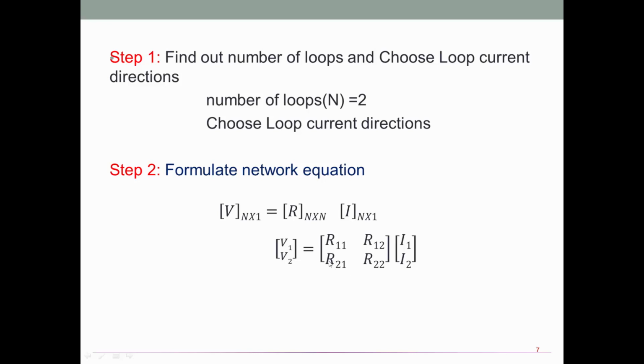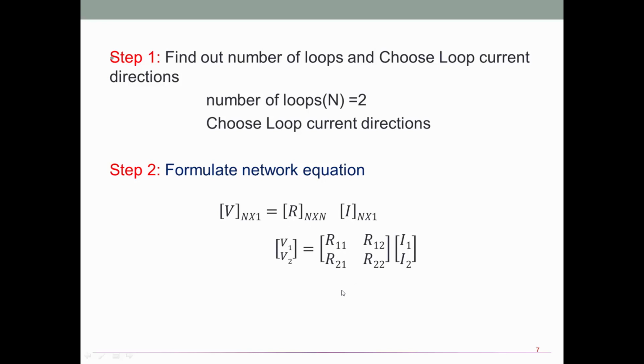Moving on to the off-diagonal elements, R12 and R21 are both the same, which represents the common resistance between loop number 1 and 2. We have to find I1 as well as I2 like in the previous problem. For that we need these values, that is V1, V2 and the elements in the R matrix.